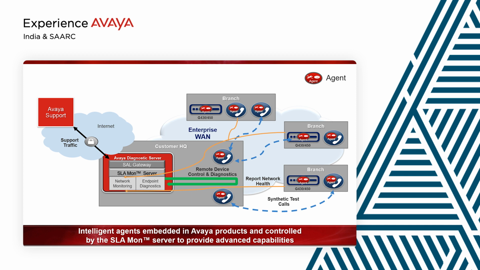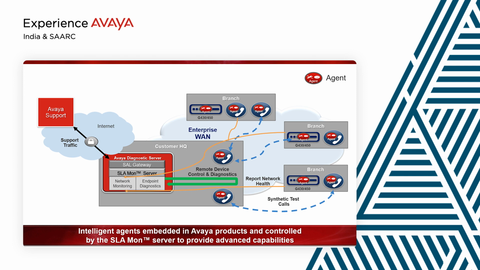SLAMon's robust set of features include a combination of industry standard practices coupled with features and capabilities that are unique to and patented by Avaya. And these features complement the traditional RTCP reporting method employed by Avaya partner products such as Prognosis.